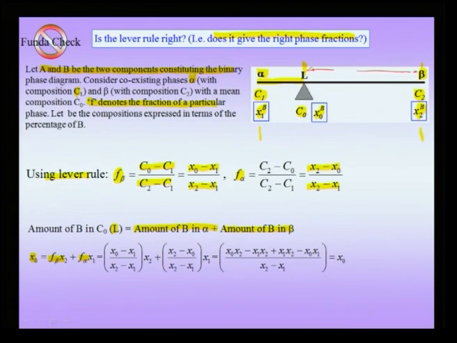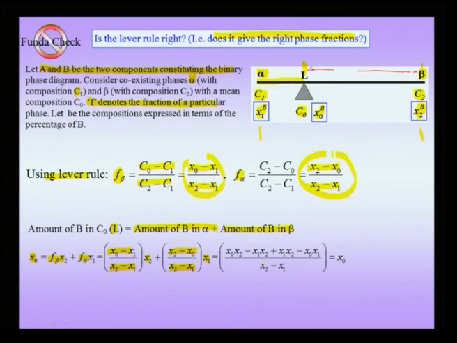Therefore, I can substitute from above, and I can write this as x0 minus x1 by x2 minus x1 into, of course, x2, which is the composition of the beta, and similarly I can write for the amount of B in the other phase the fraction of alpha, which is x2 minus x0 by x2 minus x1, as taken from here, multiplied by x1.